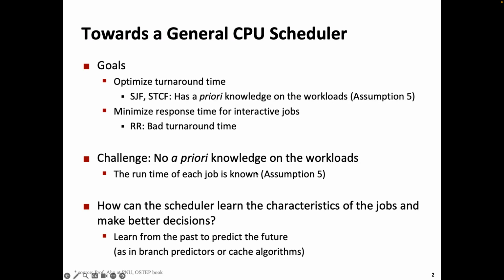So no prior knowledge of the workload is challenging. So how can the scheduler learn the characteristics of the jobs and make a better decision? Actually, it is a kind of prediction of the future. So learn from the past to predict the future.